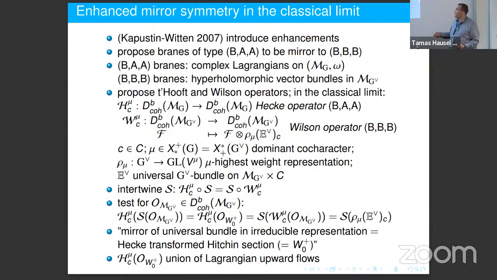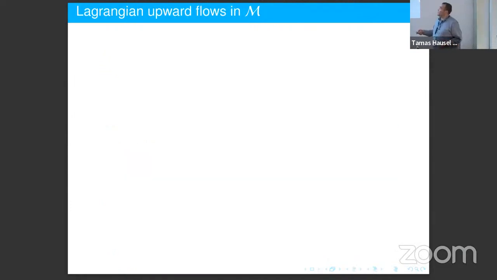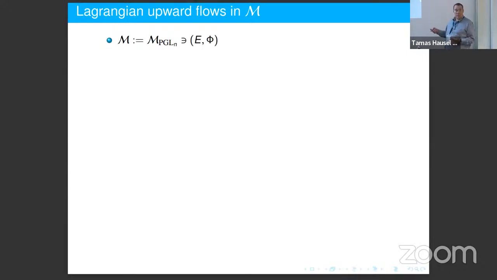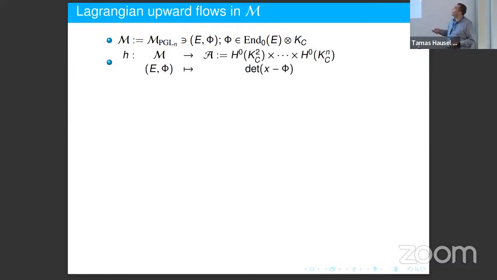And so that motivates me to discuss upward flows, and that's in the next slide. So we are going to consider Lagrangian upward flows in M. We will now be more specific. We are going to talk about PGL_n Higgs bundles, which is now just a pair of a rank n vector bundle defined modulo tensoring with a line bundle, and the Higgs field, which is just a traceless endomorphism of this bundle tensored by the canonical bundle.